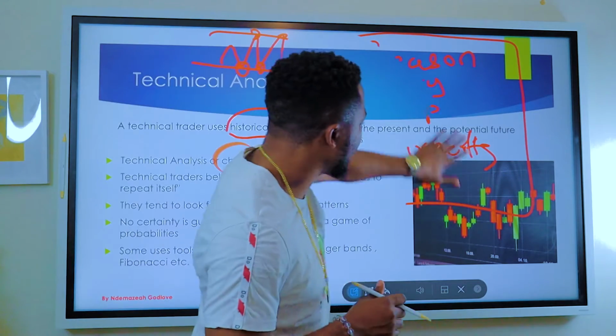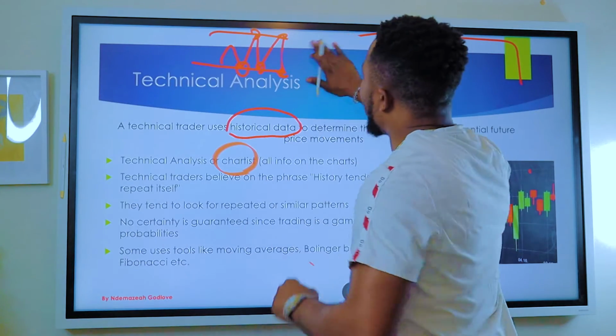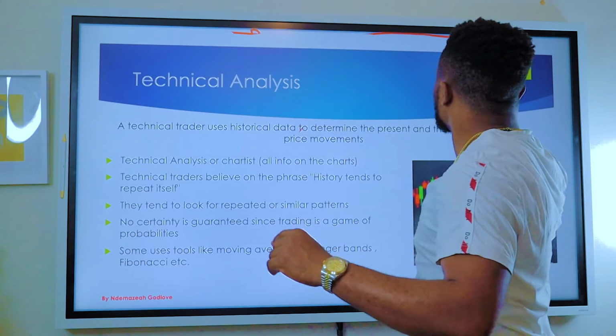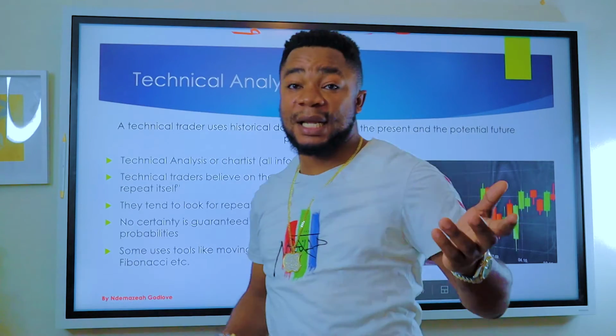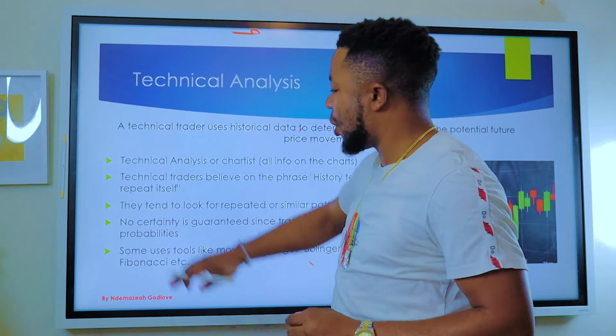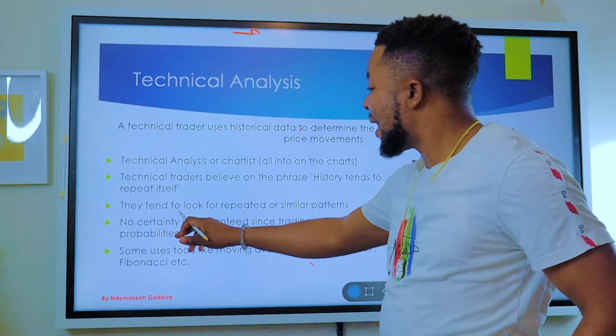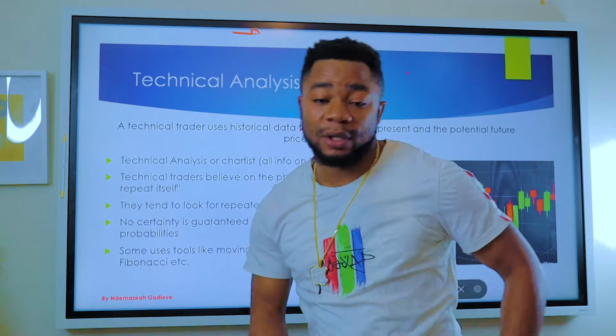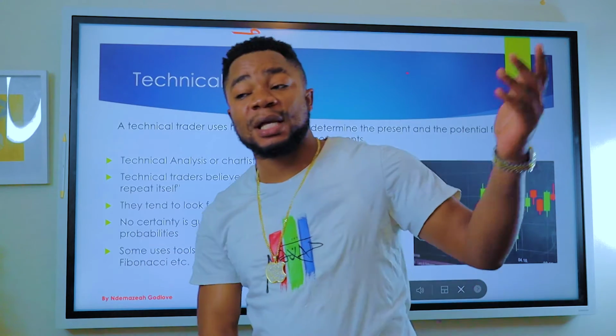So we've been talking about technical analysis. Somebody would trade with technical analysis. Another point is that they tend to look for repeated or similar patterns, like support and resistance, double top.